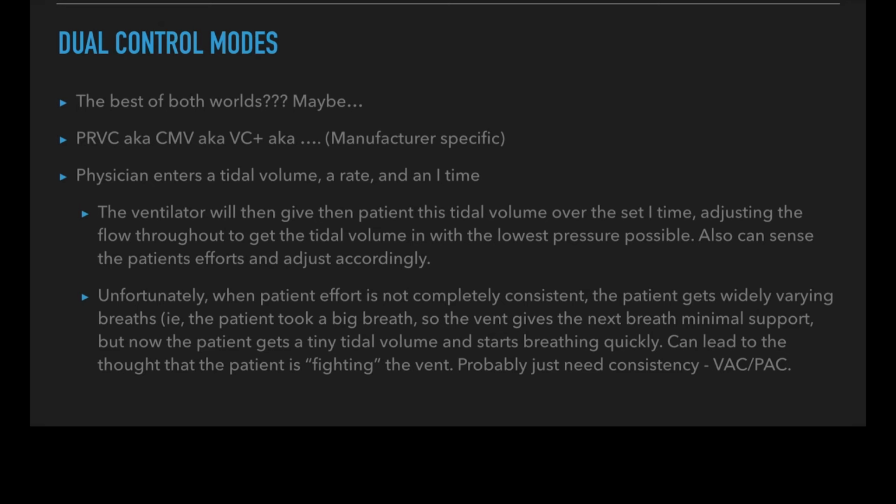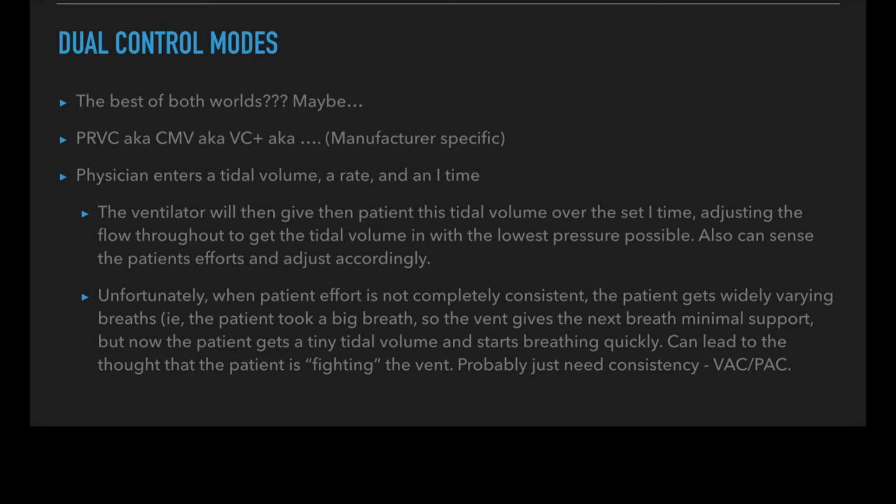Sounds pretty great. Most of the time it is, but not always. Unfortunately, when the patient effort is not completely consistent, the patient can get widely varying breaths, i.e. if the patient took a nice big breath, the vent is like, okay, this next breath, I'm going to give them minimal support. But now the patient takes a small breath or gives minimal effort, and the patient ends up getting a tiny tidal volume and starts panting away and breathing quickly.